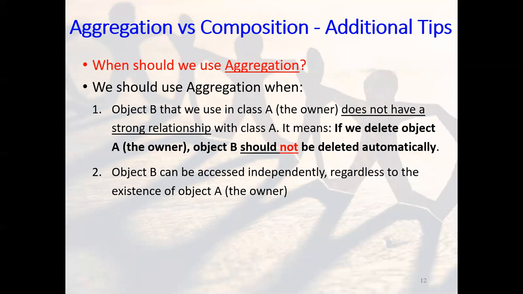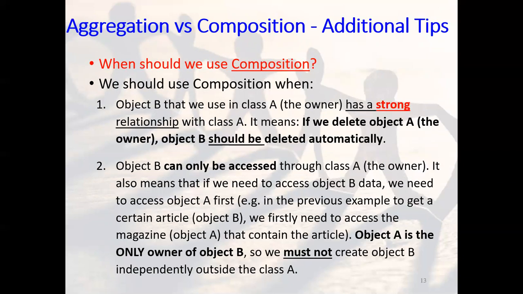And here, we add another characteristic. The child object can be accessed independently of the owner, without accessing the owner. On the other hand, for composition, the child object can only be accessed through the owner or the parent.